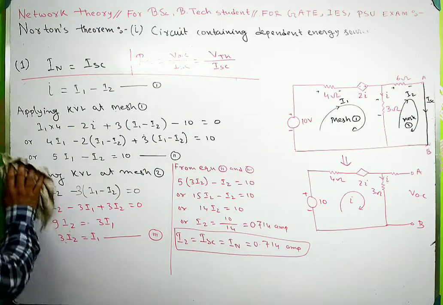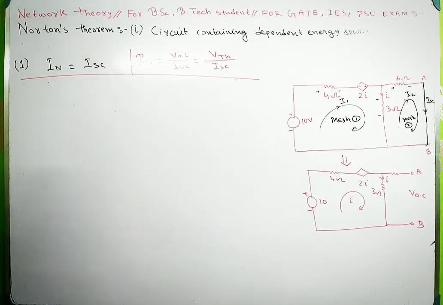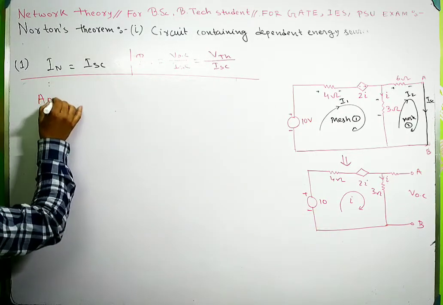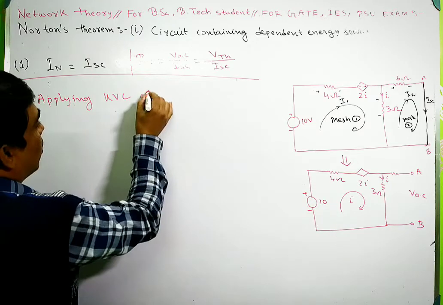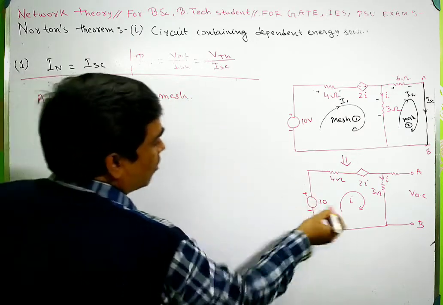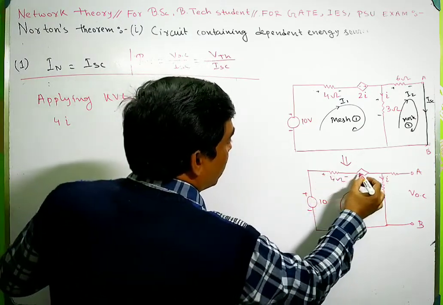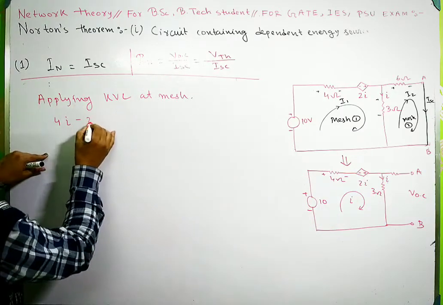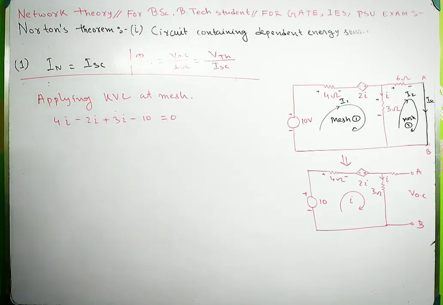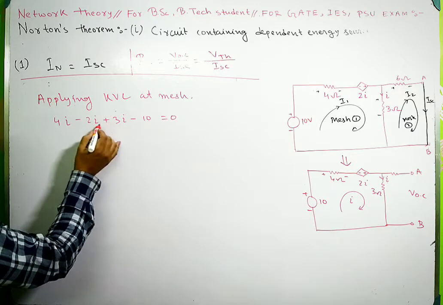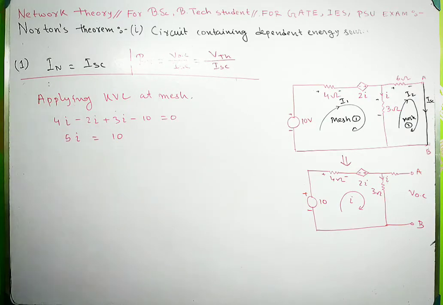So applying KVL at this mesh, we can write that 4I, this is plus minus, this is minus plus, so 4I minus 2I plus 3I minus 10 equals 0. So 5I equals 10.